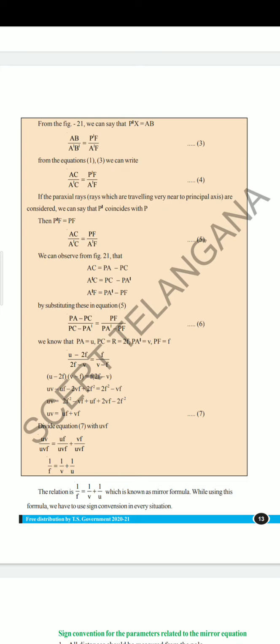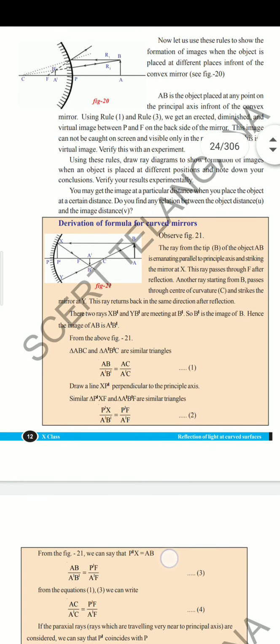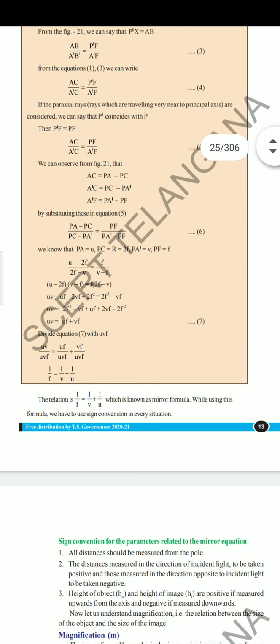We can observe from figure 21 that AC equals PA minus PC, A'C equals PC minus PA', A'F equals PA' minus PF. By substituting these in equation 5, PA minus PC divided by PC minus PA' equals PF divided by PA' minus PF.